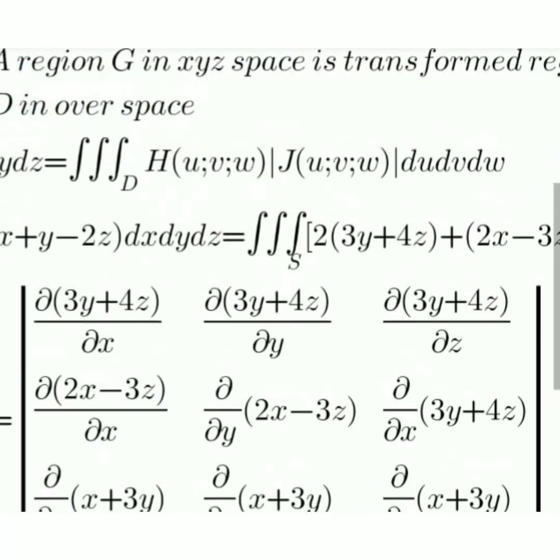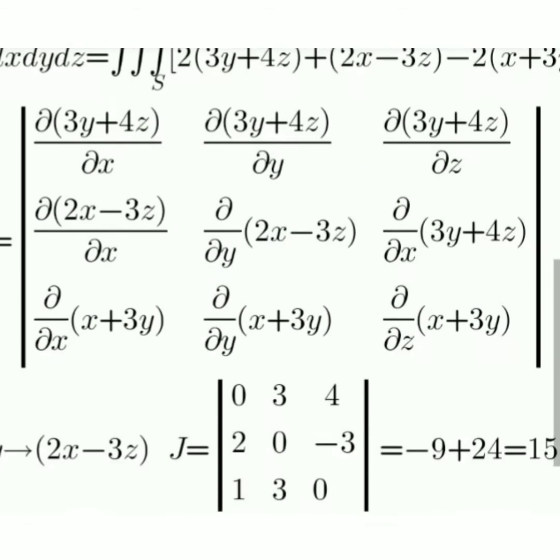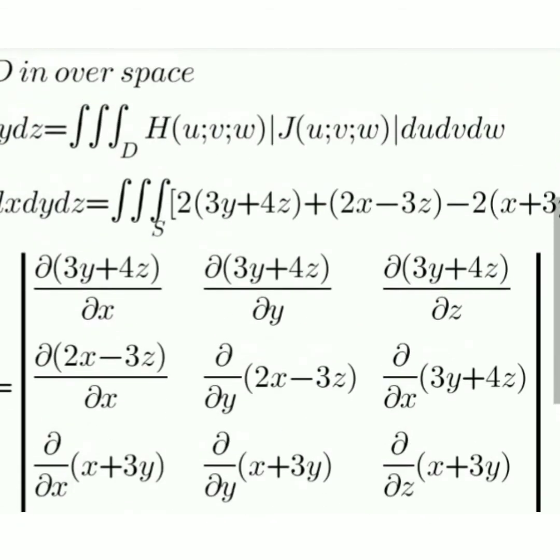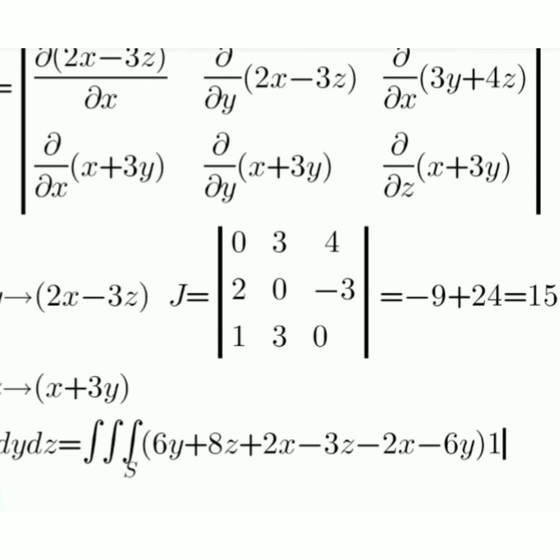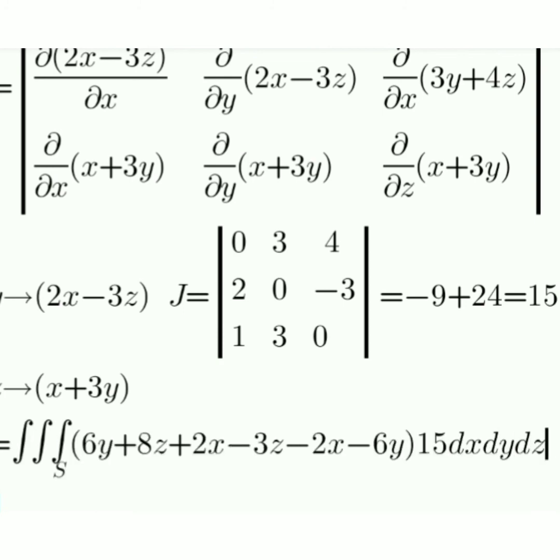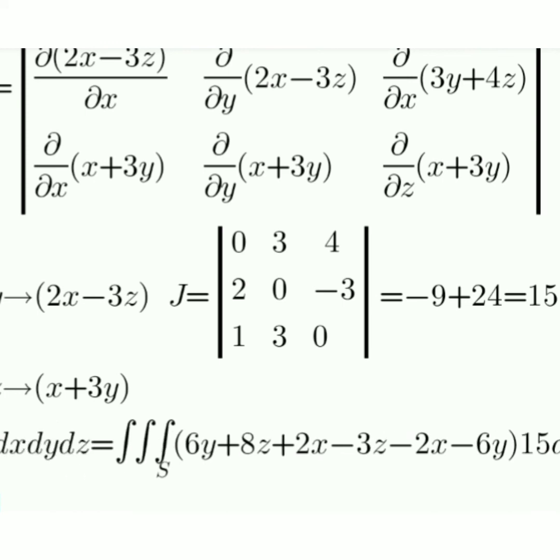I get the total value of whatever I multiply, because 2x minus 3z, friends, you will see, and after that I multiply 2x plus 3y, meaning minus 2x plus 3y means 6y, and after that I am putting the Jacobian value. The Jacobian value is 15.